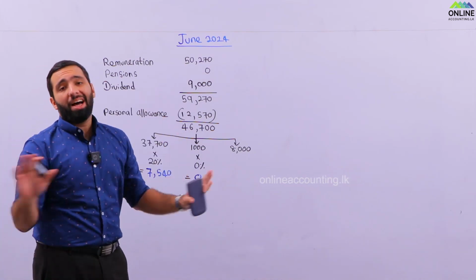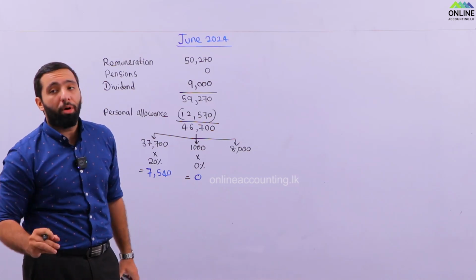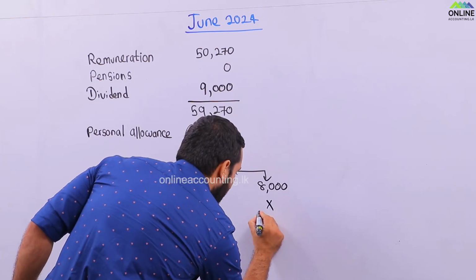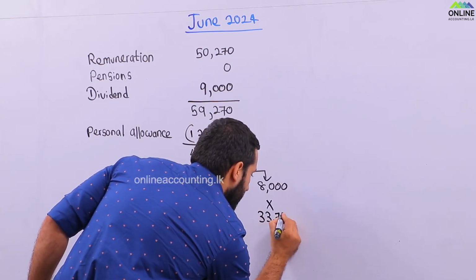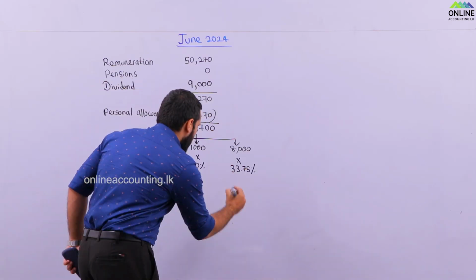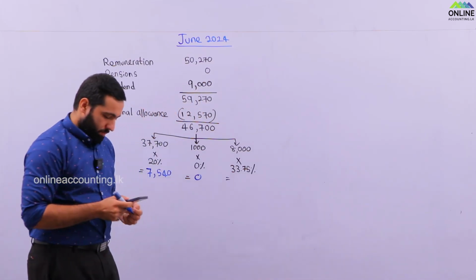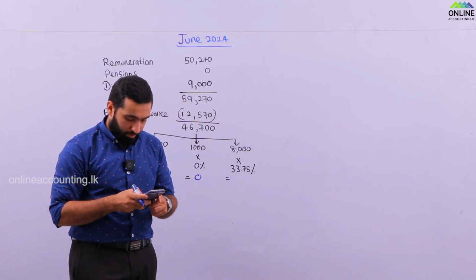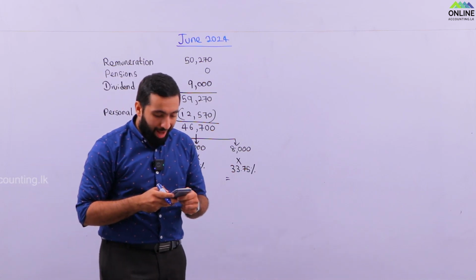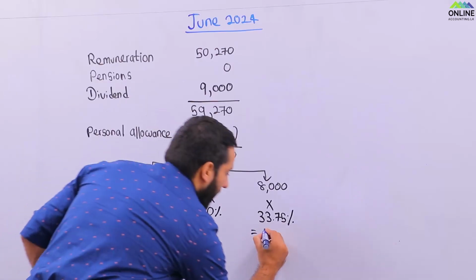All the rates are available in that document, so that document is very important along with this past paper. You multiply 8,000 by 33.75% and this will give you 2,700.